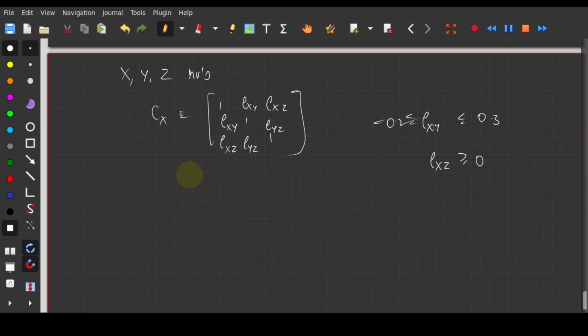And you want to know what can be the maximum amount of correlation between y and z.